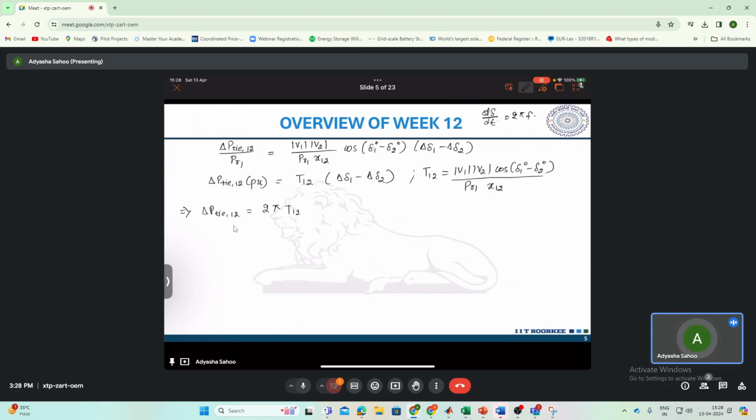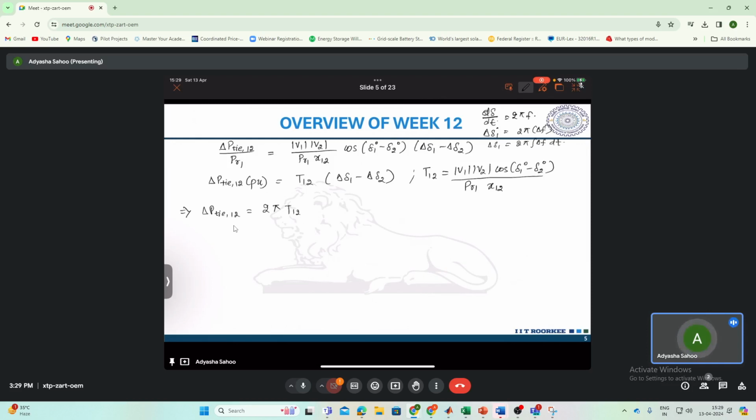So for small changes, we can write that delta is the same as d delta. So that will be 2 pi change in angle, delta f. If we integrate again to get del delta 1, that will be 2 pi integral of del delta f dt.